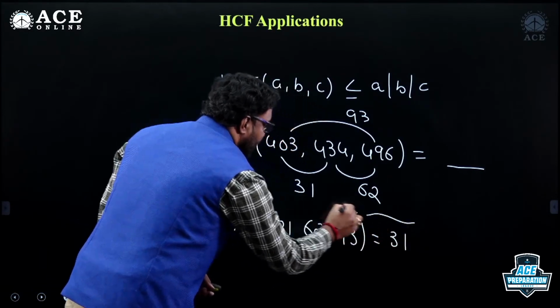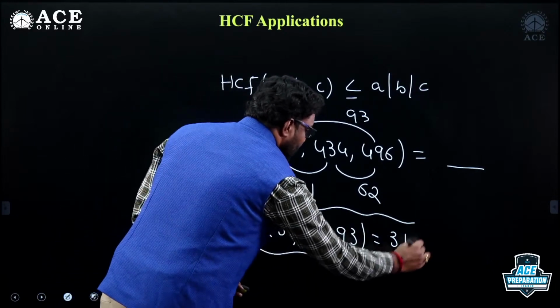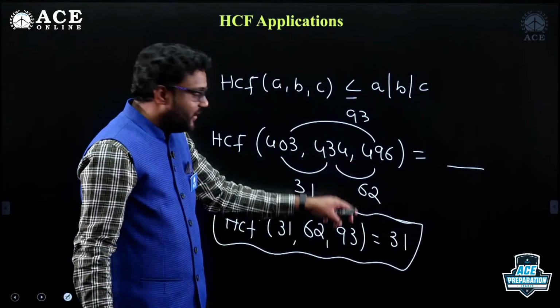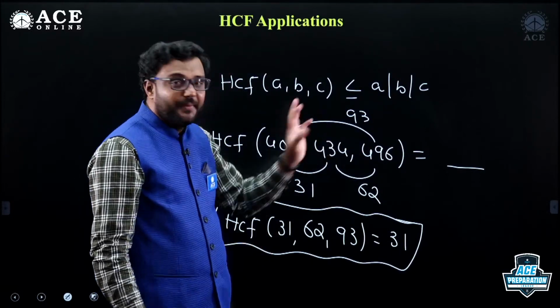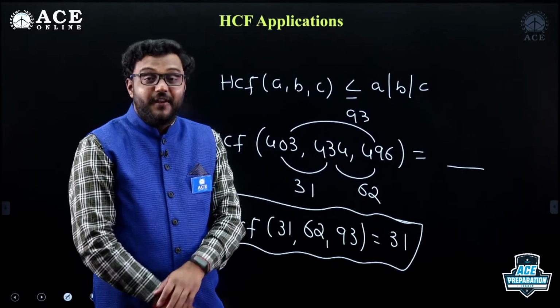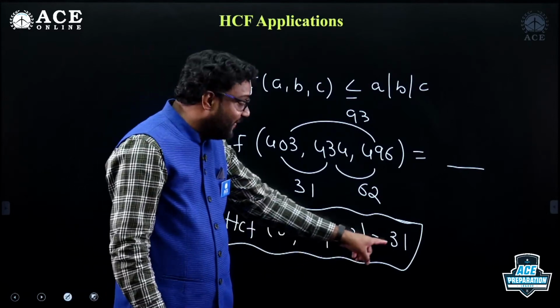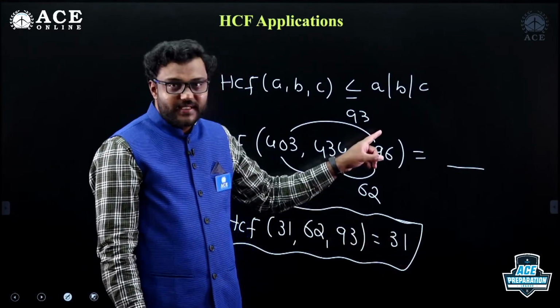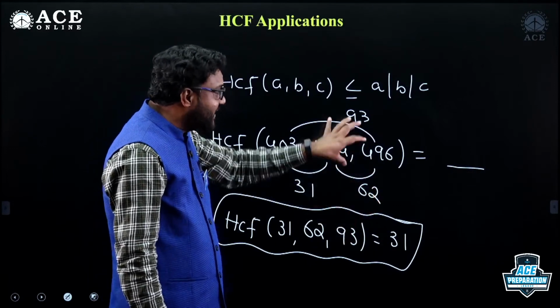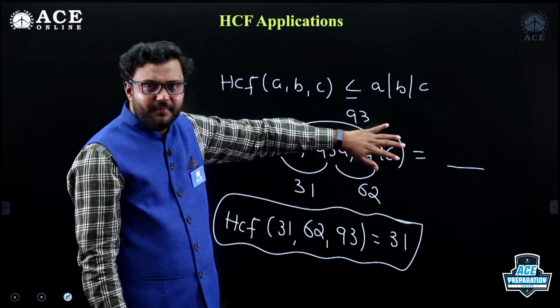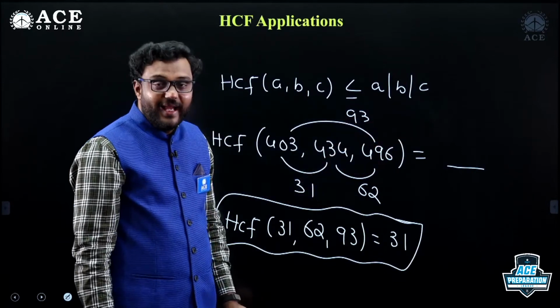But before confirming the HCF, as I mentioned in the previous session, I should check: can I write every number as a multiple of 31 or not? Taking the HCF of the differences may give the HCF of the given numbers. But before confirming, I should make sure.